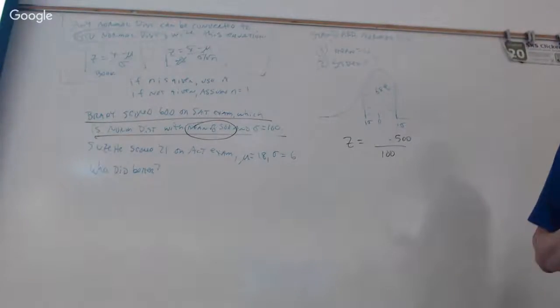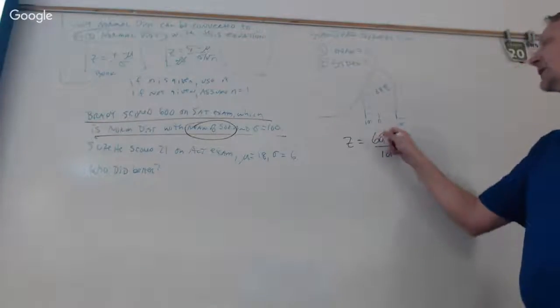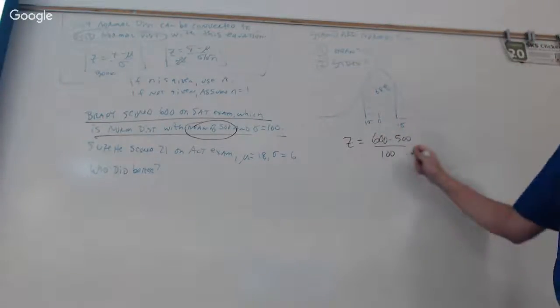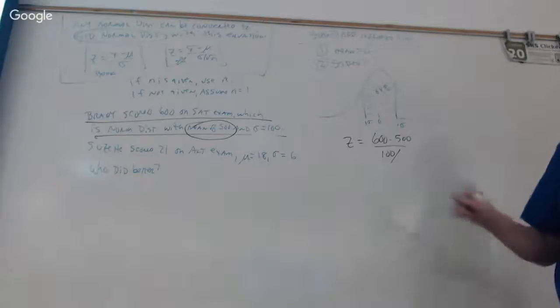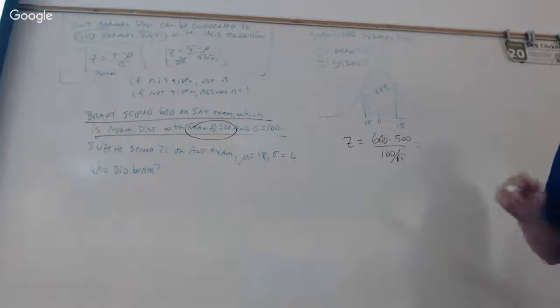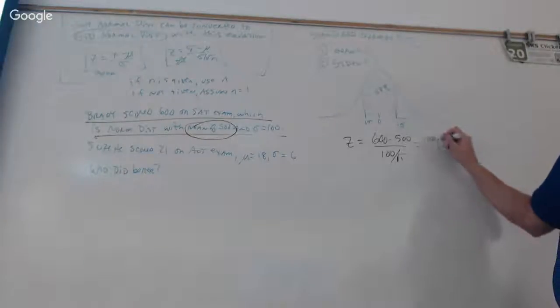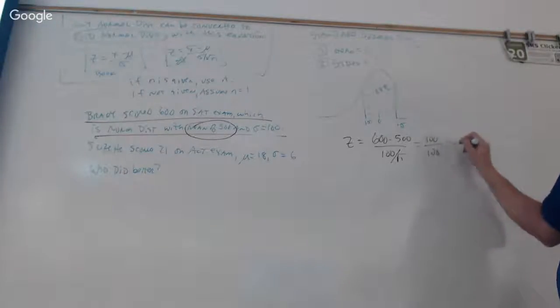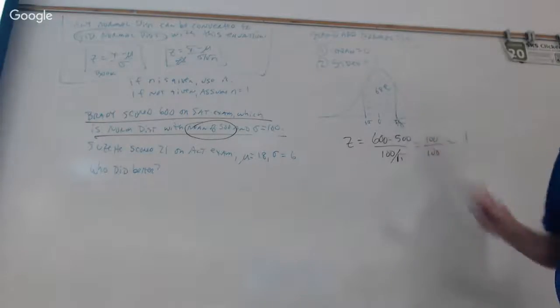It's the 600. Process of elimination. And how many Bradys are there? Only one. So 600 minus 500 is 100. 100 divided by 100 equals 1. So actually Brady is right here.